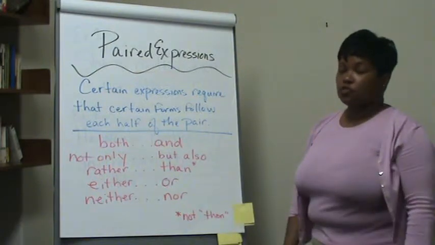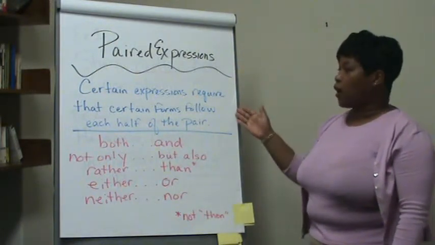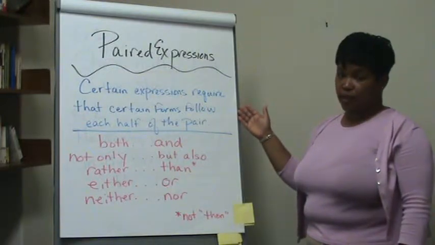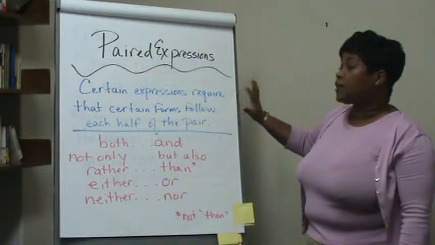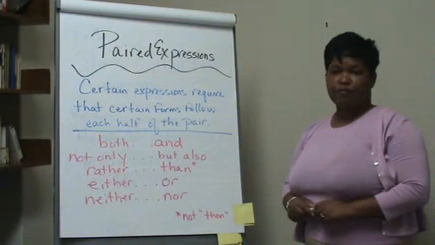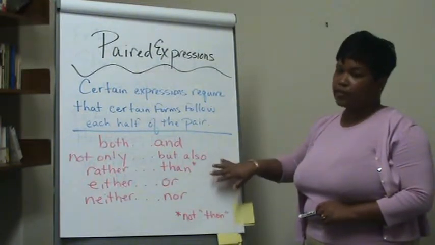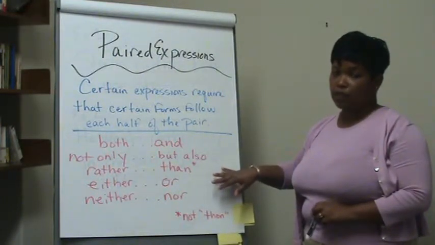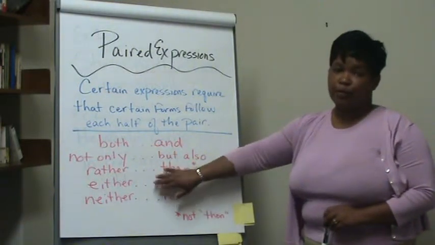Another way to make sure that you are ensuring parallel structure within sentences is to watch the paired expressions that you have within your sentences. So, just to define it, paired expressions are certain expressions that require that certain forms follow each half of the pair. Now, there are only 5 of these, and I would not suggest that you memorize them in any form, but you certainly want to get used to using them in their paired forms.